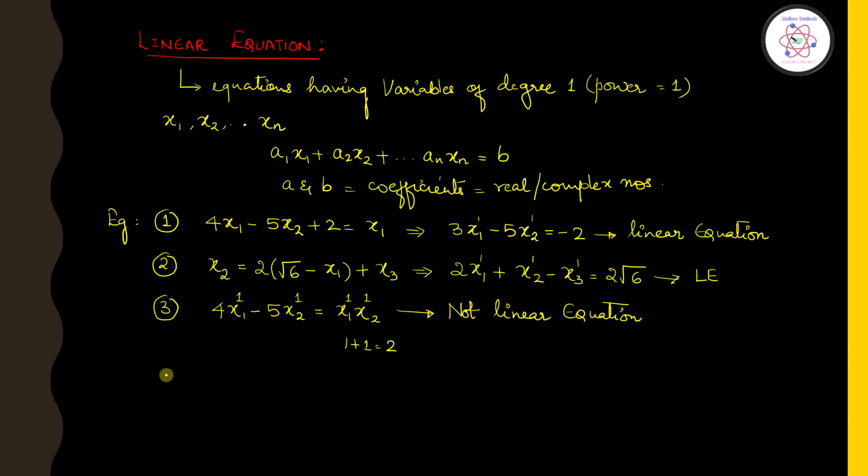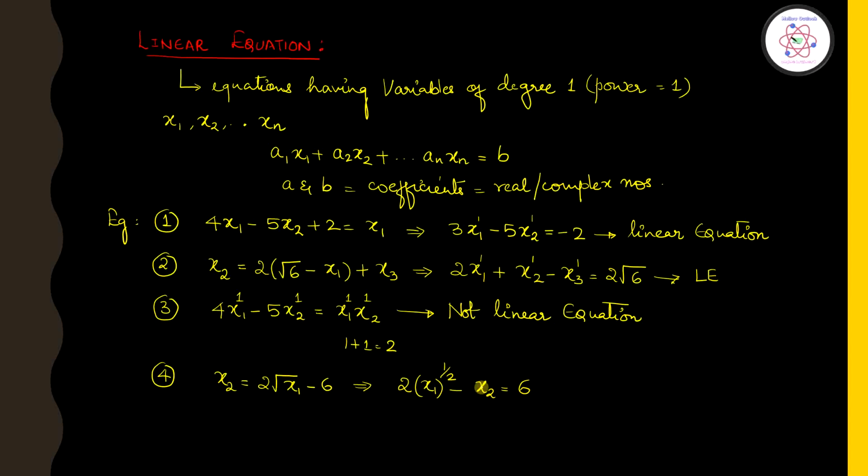Let me consider another example. In this case, x2 equal to 2 root x1 minus 6. For a better understanding, let me rewrite this equation. This can be written as 2 times x1 to the power half minus x2 equals 6.